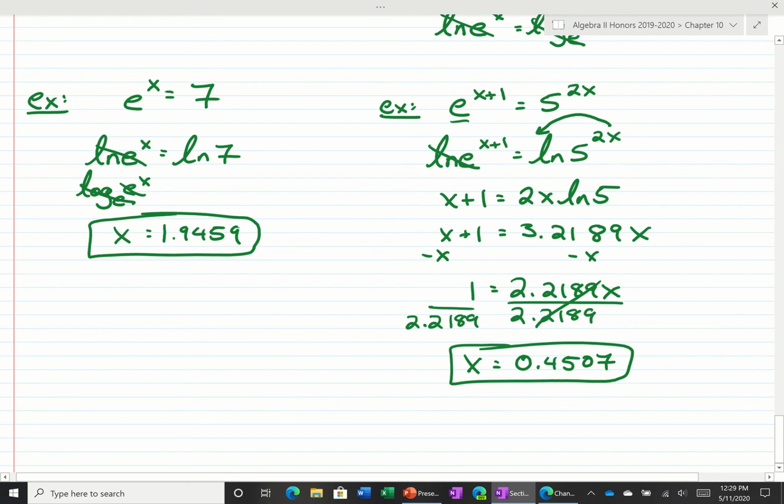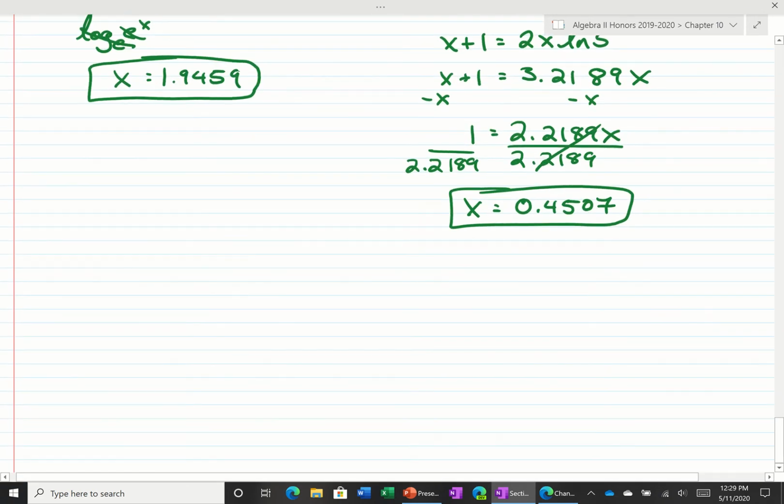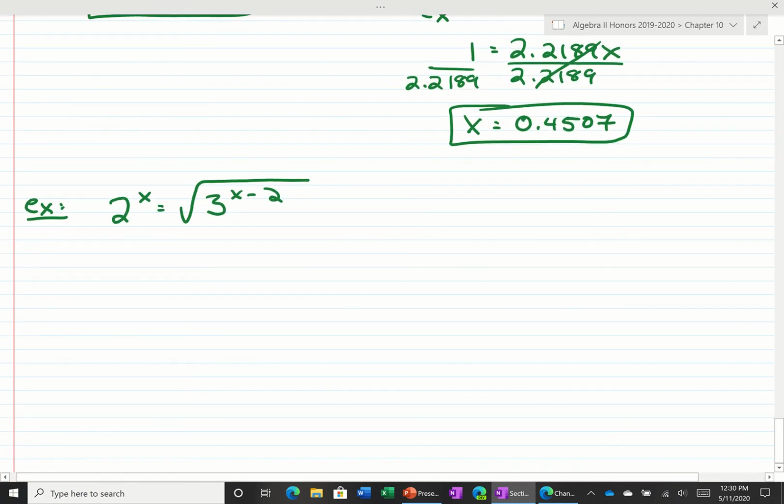All right, so maybe we'll do one more example with logs. We'll maybe just do a hard one here. How about if it's 2 to the x is equal to the square root of 3 to the x minus 2 power. Now you had a similar problem in your homework, and we said if you watch the homework review that logs and powers go well together. So let's convert this second root to a 1/2 power.